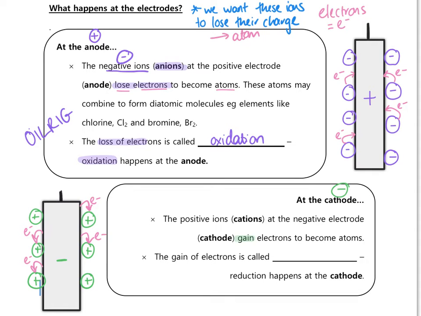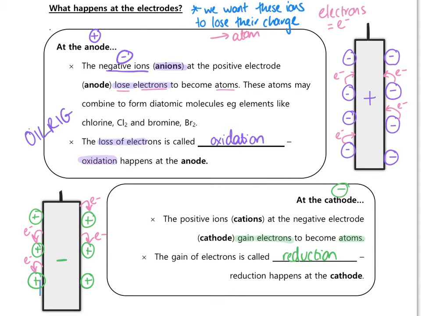What is the gain of electrons called? Well, the gain of electrons is defined as reduction. Remember, oxidation is loss, reduction is gain, OIL RIG. So reduction happens at the cathode.